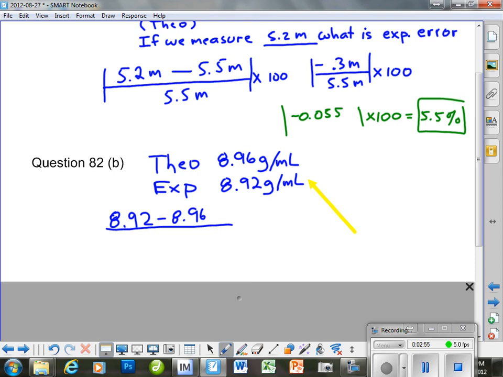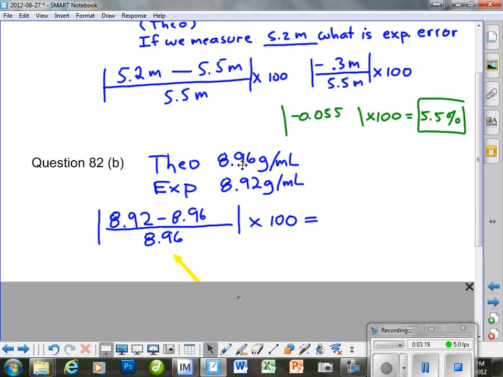And the theoretical value, of course, was right here, and that's what we're putting here. And we're also going to put it down at the bottom again, a second time, 8.96. And this is going to be absolute value again, and this is times 100 is equal to the experimental error.